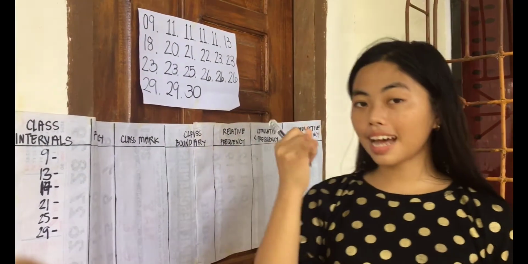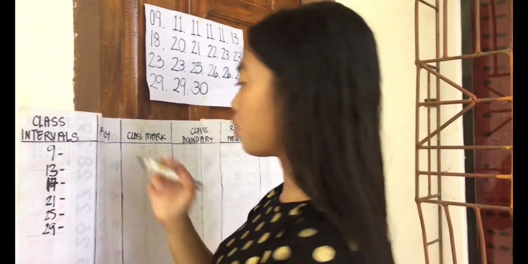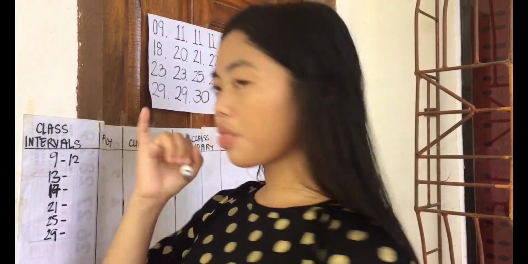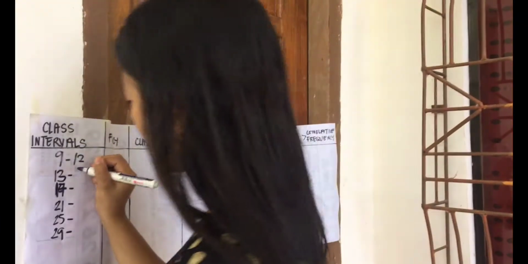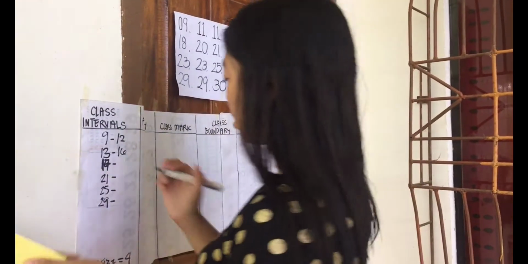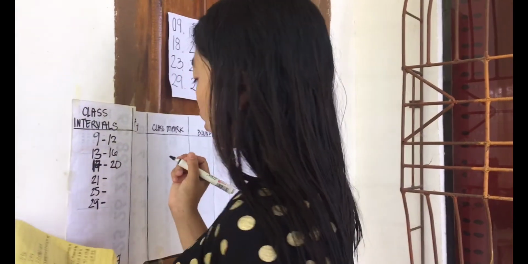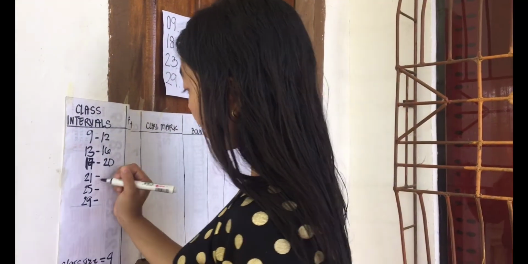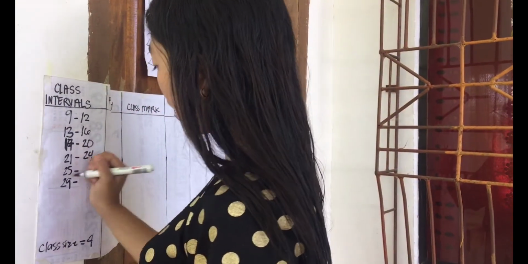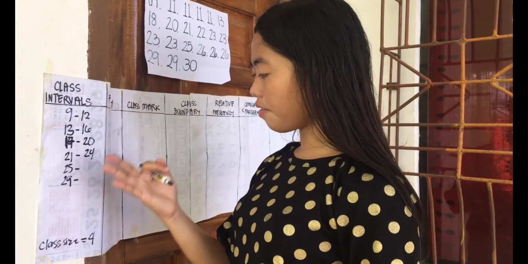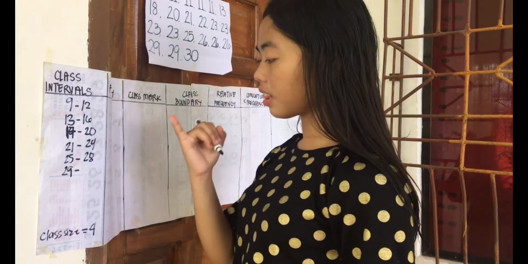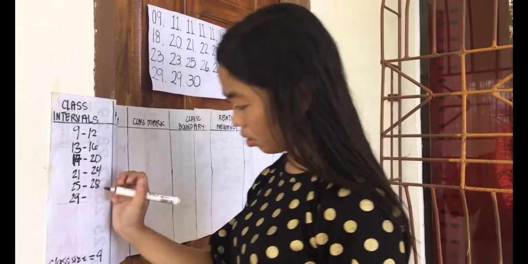So 9 up to 12, then 13 up to 16, 17 to 20, 21 to 24, 25 to 28, and 29 to 32.